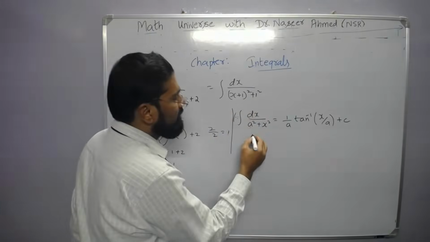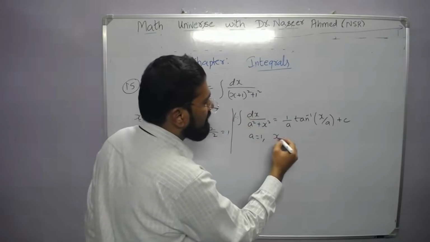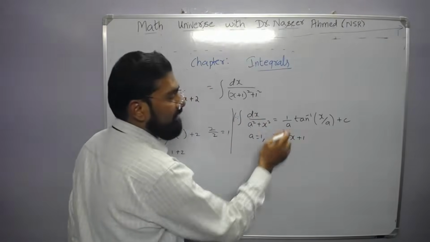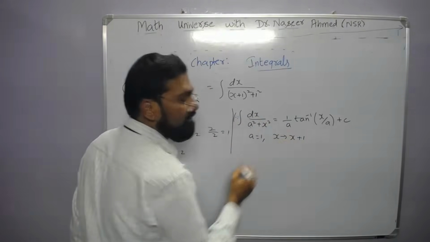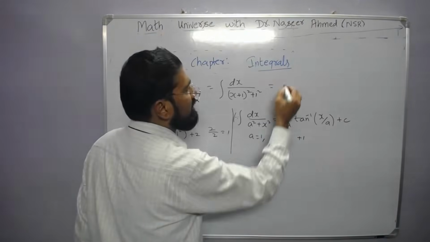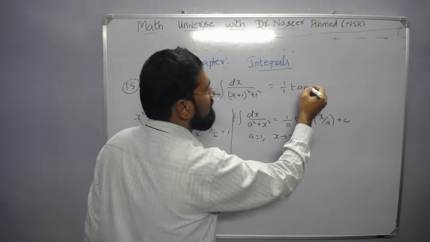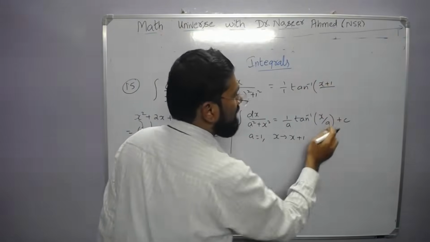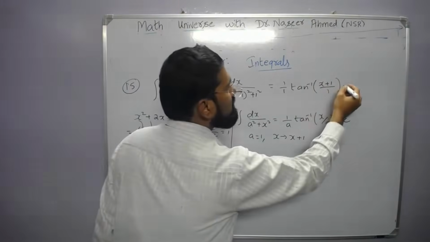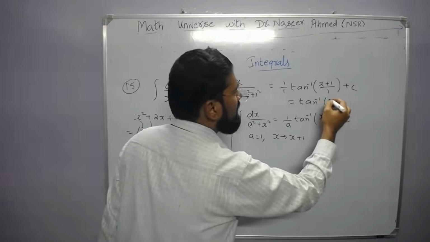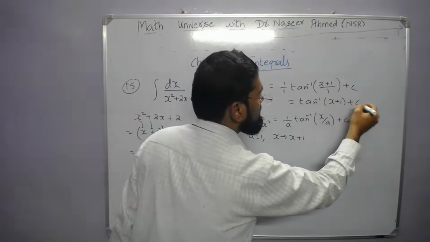So a is equal to 1, and in place of x, we have x plus 1. So the answer will be 1 by a, which is 1, then tan inverse of x, that is x plus 1, divided by a, which is 1. So the final answer is tan inverse of x plus 1 plus c.